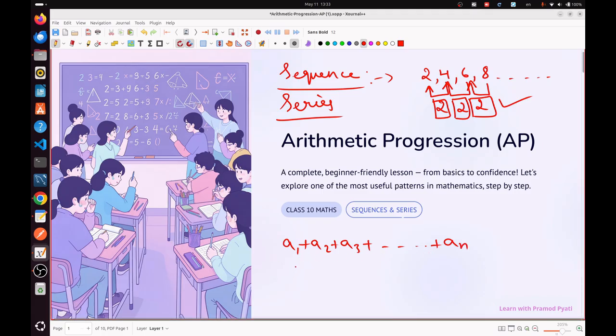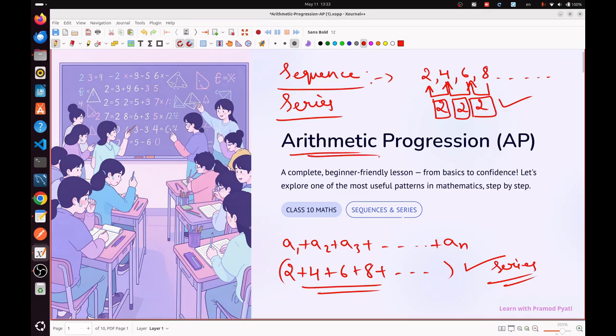If you consider an example, 2 plus 4 plus 6 plus 8 plus up to infinity, this is a series, the sum of terms in a sequence. After knowing these two, sequence and series, we can proceed with arithmetic progression.